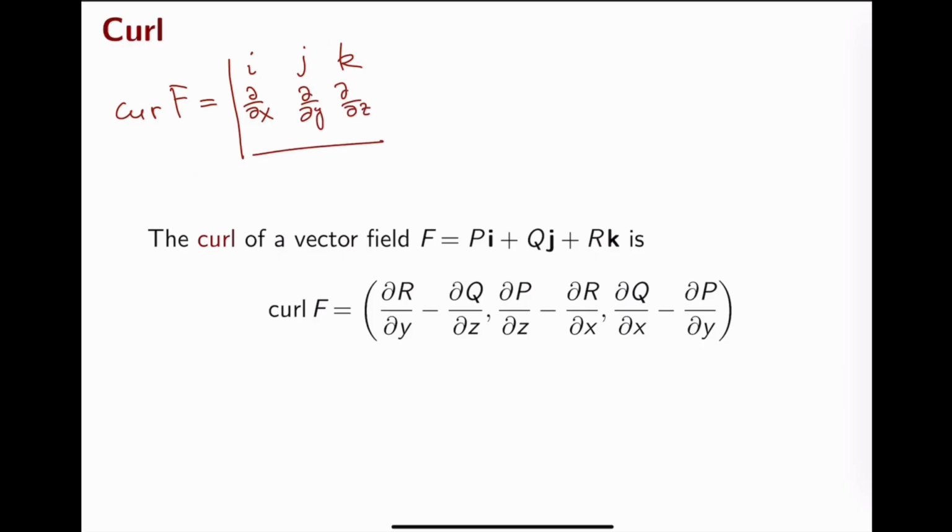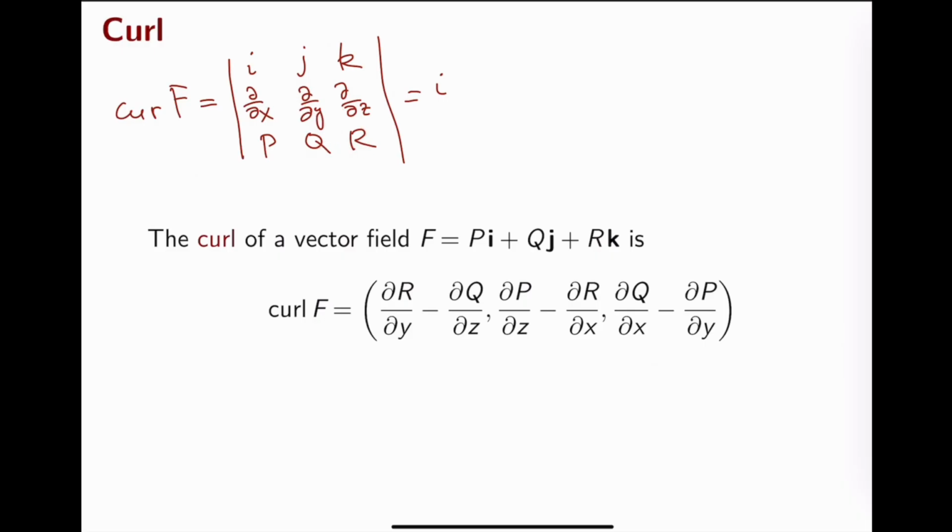And here the components of the vector field, that in this case are p, q, and r. So when we expand now this determinant, we obtain exactly this. So this will be i times, when we eliminate the row and column of i, we get just this determinant here. So let's calculate this determinant. This determinant will be this minus this.